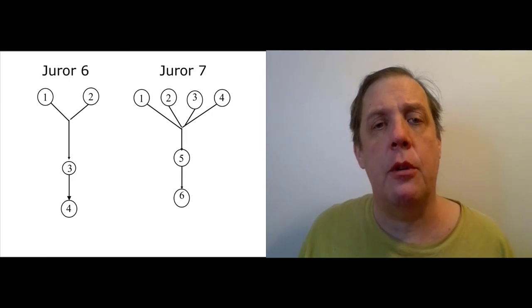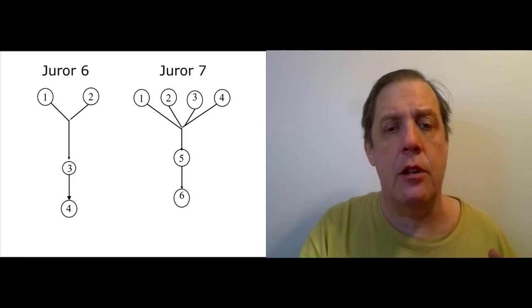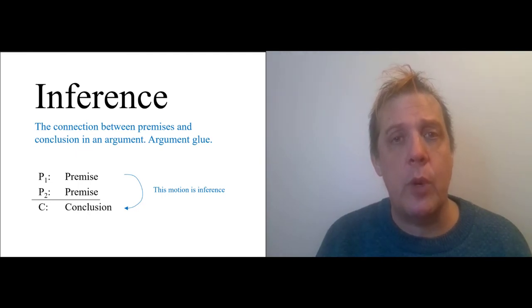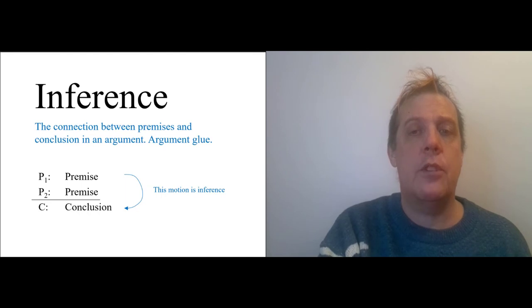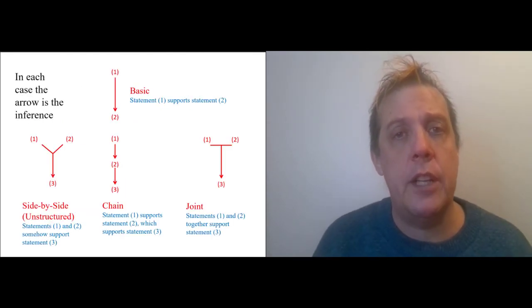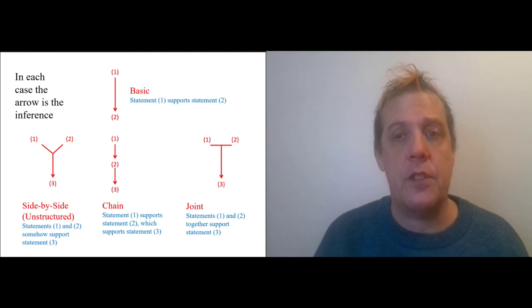The next thing I want to do is make a point about the number of inferences involved in each of these layers. I mentioned before that an inference is the connection between the premises and the conclusion. When your mind goes from the premises to the conclusion, you make an inference. So that means that in these arrow diagrams, each downward-facing arrow represents an inference, right?